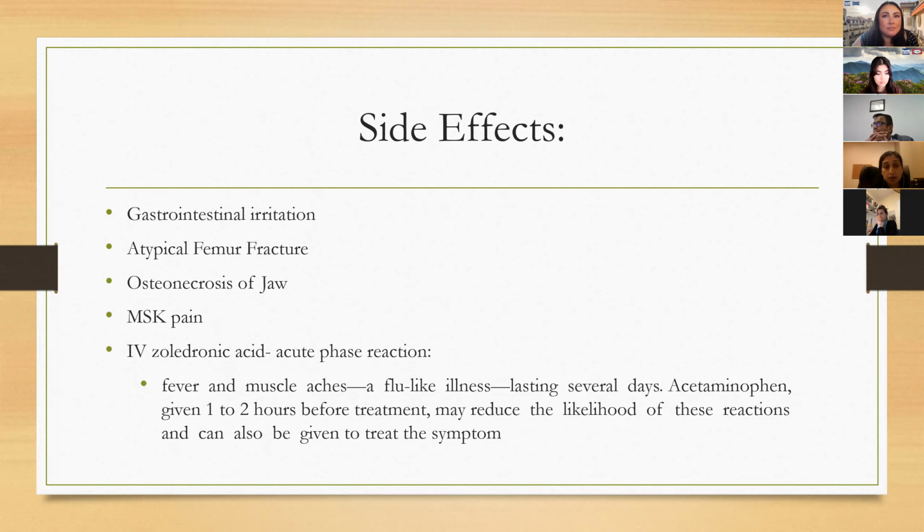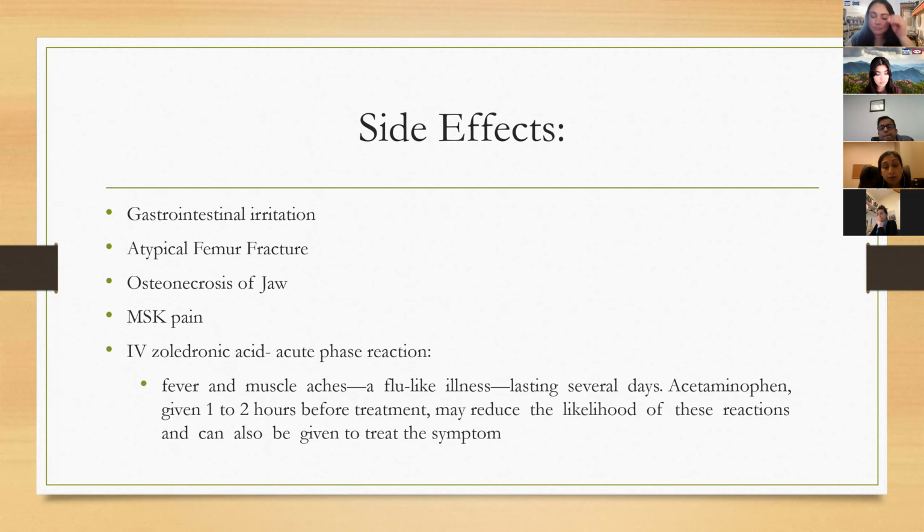That's why we want to think about that drug holiday after 3 to 5 years, because most of these problems occur when patients are on bisphosphonates for longer term. If they're on bisphosphonates for greater than 5 years, then we start running into more issues with these.